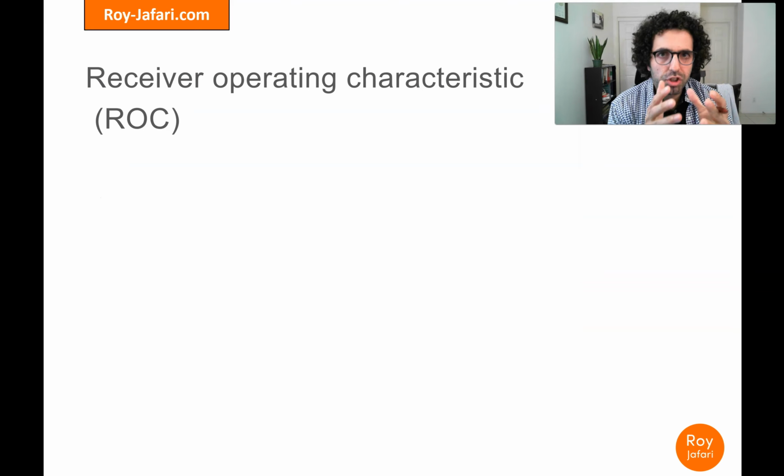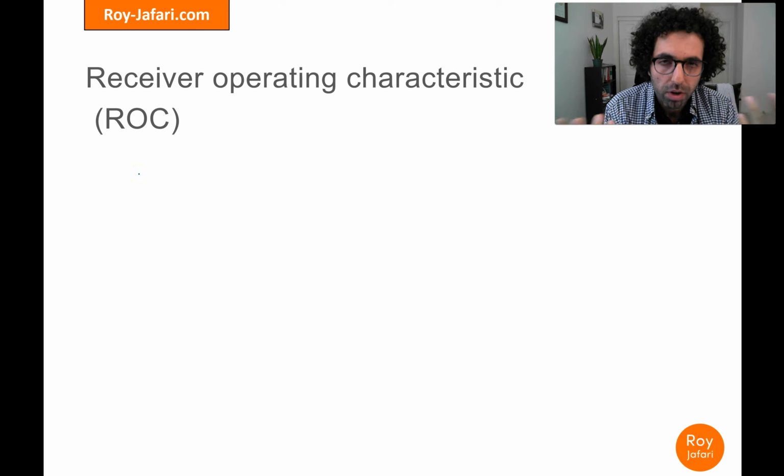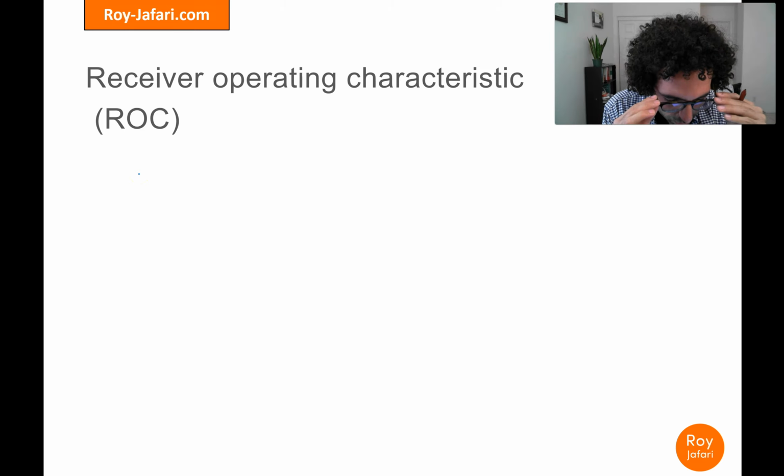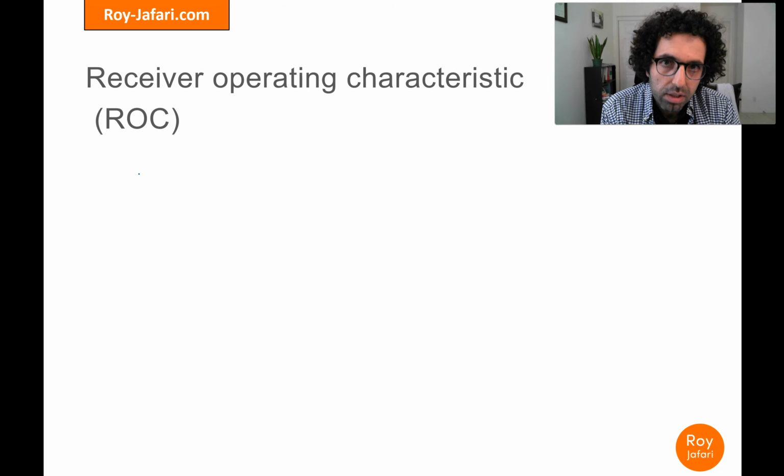So to capture this relationship in one plot, this is what we use: receiver operating characteristics. Basically, the ROC plots sensitivity and specificity on one plot, so you can look at it and get some understanding of how well your classification model is working.